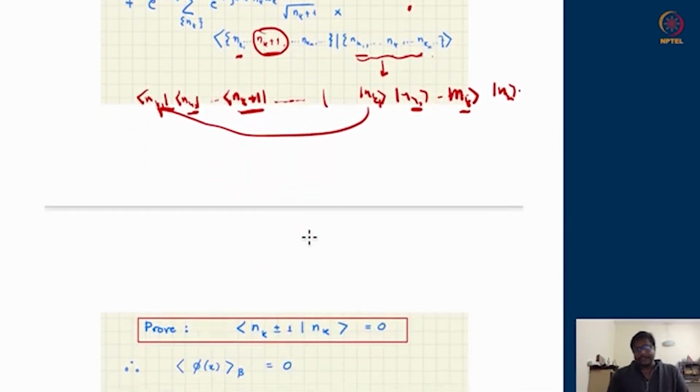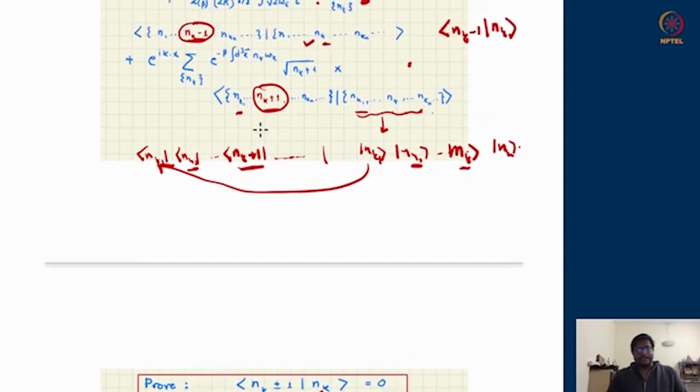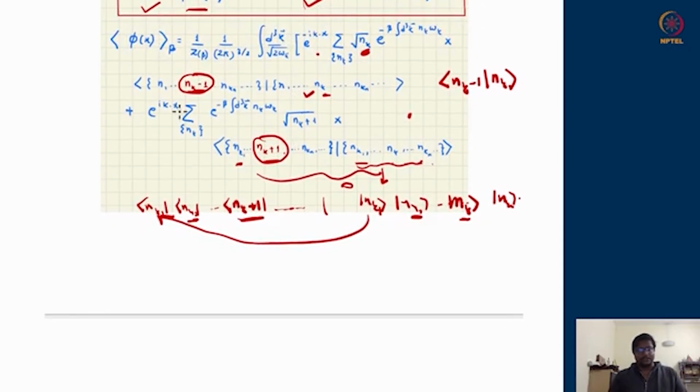And this is a fairly easy exercise to prove that if I start with a ket nk and take its overlap with respect to nk minus 1 or nk plus 1, in both the cases the overlap is 0. So that means this is 0 as well as this first term is 0.